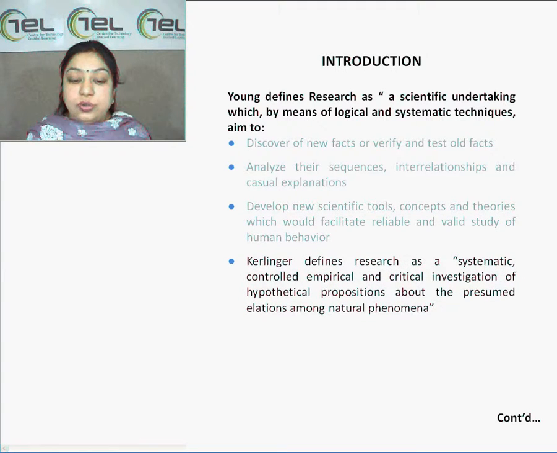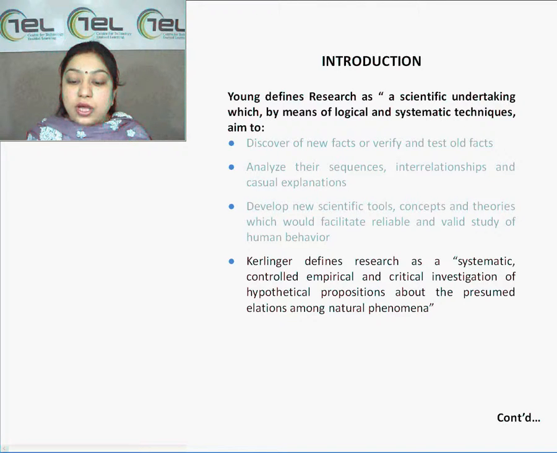Now according to another author, Kerlinger, he defined research as a systematic, controlled, empirical and critical investigation of hypothetical propositions about the presumed relations among natural phenomena.